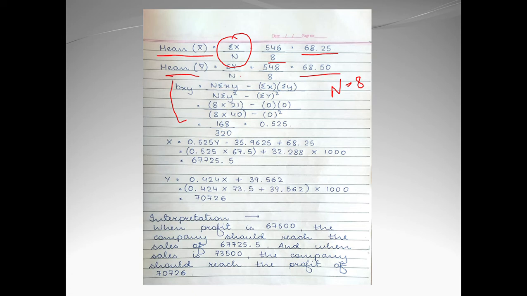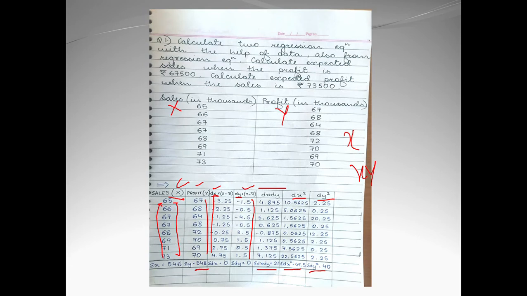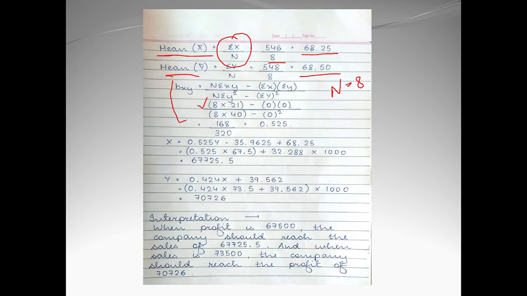So we wrote it as 8 into 21 minus summation of x series and summation of y series. So again, the summation of x and the summation of y is not the actual sales and profit, it is the dx and dy. So that is 0 and 0. So we have written here 0 and 0. Now divided by n multiplied by summation of y square. Now this y square is dy square.